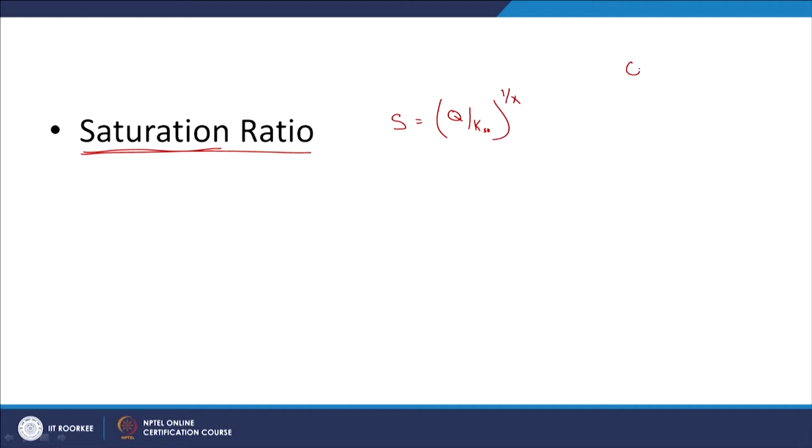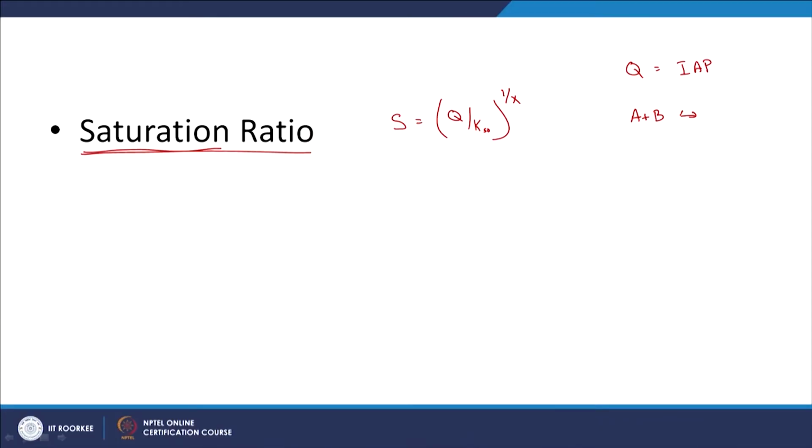And Q, what is Q? It is your ion activity product, which we discussed in great detail in the equilibrium related aspects. If A plus B are in equilibrium with C plus D, what is Q? Q is nothing but the concentration, in this case approximating concentration to be equal to activity, of the products raised to the stoichiometric coefficient, divided by the same for the reactants.